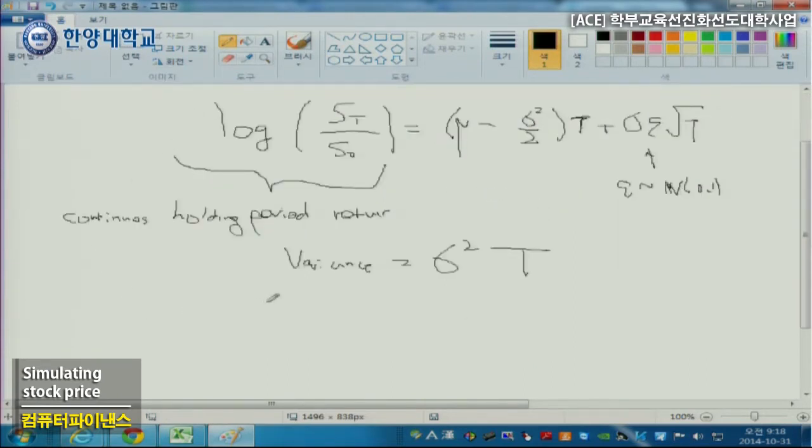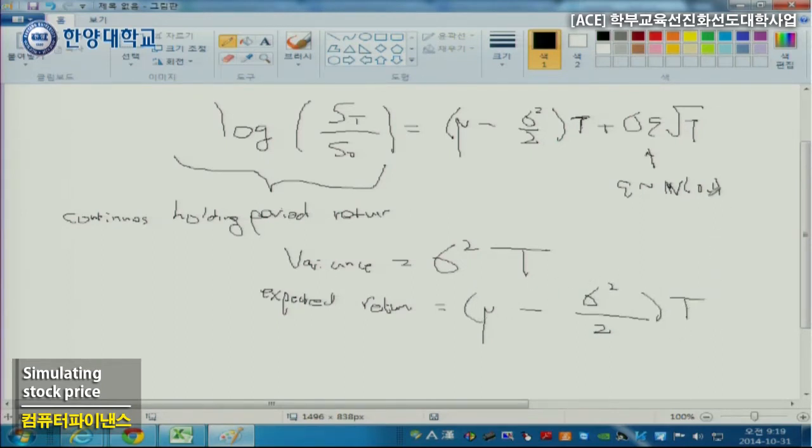The first part is simply, we take the expectation of each side, then expected return. Let's think about expected return. Then expected return is mu minus sigma squared over 2, times t.